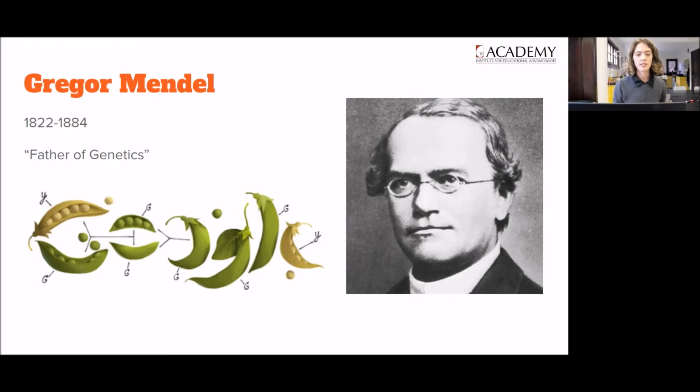He lived from 1822 to 1884, and I have a picture of a Google Doodle here from a few years ago that was honoring him and his contributions to science. And you'll see that it is pictures of pea plants because that is what he studied.